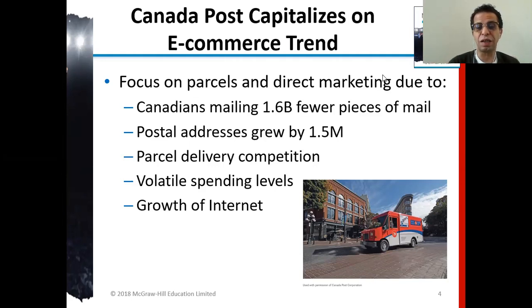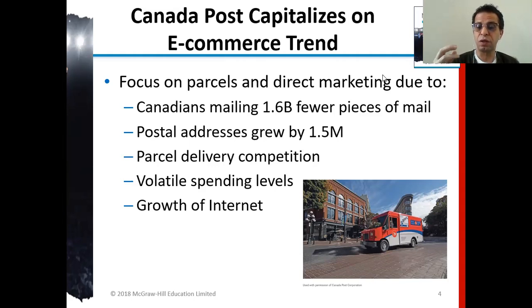So here in Canada, Canadians are mailing less, at the rate of 1.6 billion pieces of mail. Lots of electronic mail is happening. The postal addresses grew by 1.5 million. So there is a growth in the postal addresses, and there is less mailing. There is also parcel delivery competition, a huge parcel delivery market.